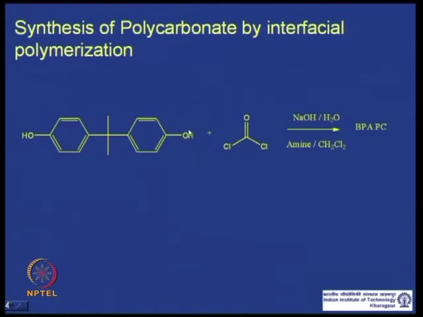If this functional group has the same reactivity as the other functional group, then it will form a random copolymer. If they are different, then the more reactive group would react faster, forming a block. Then the second monomer would react, forming another block.